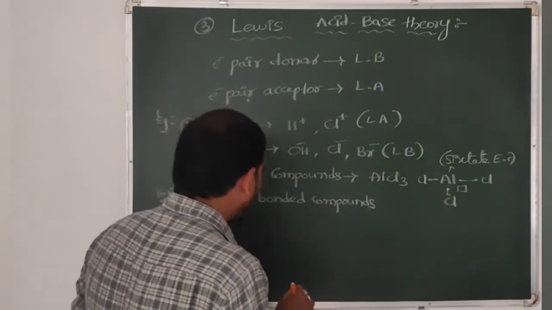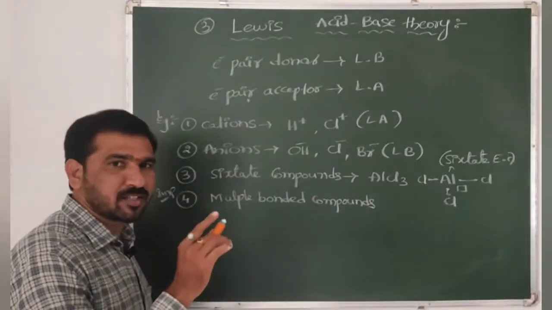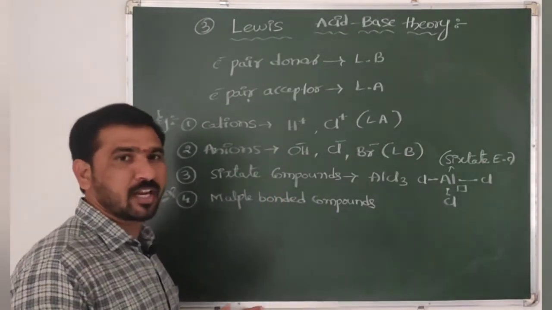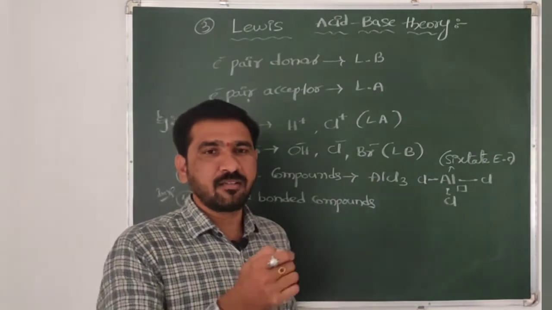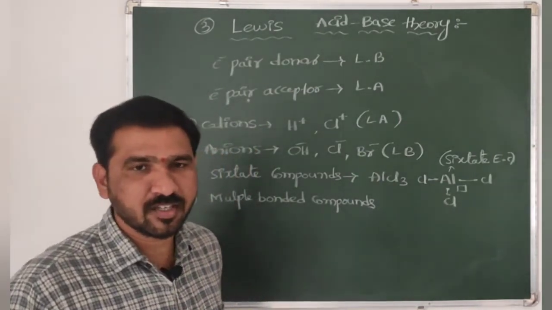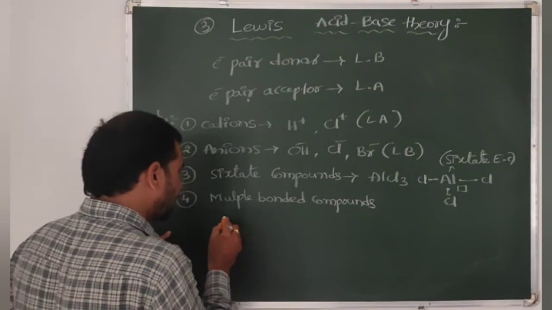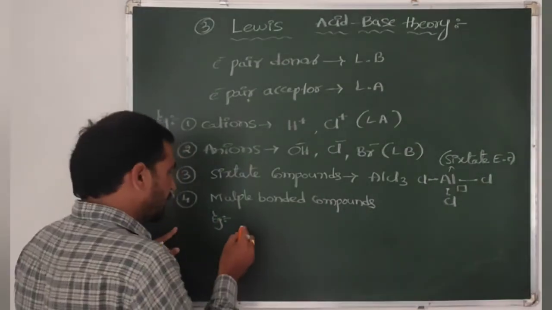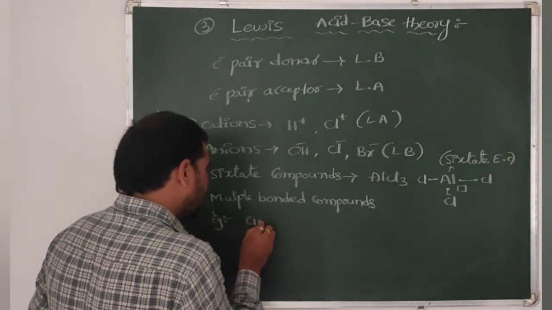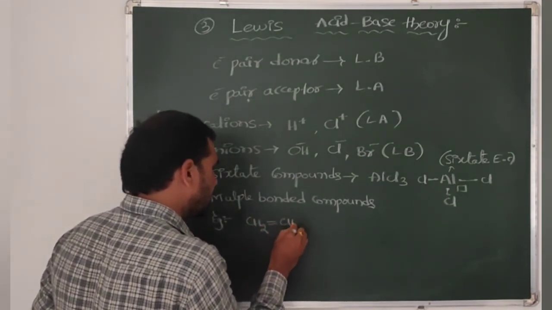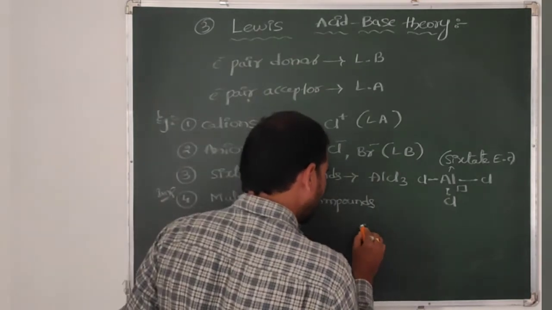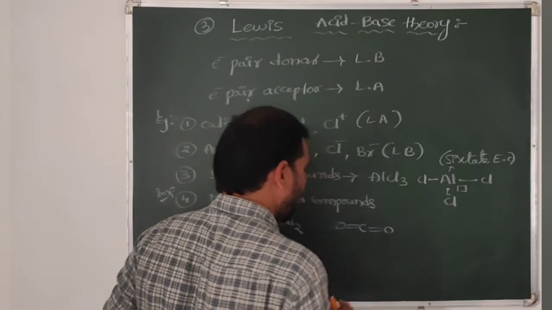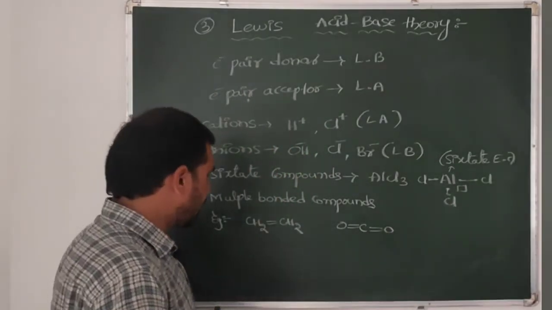So all multiple bonded compounds are neither Lewis acids nor Lewis bases; some are Lewis acids, some are Lewis bases. With respect to electronegativity difference, we can say which of the compounds containing multiple bonds is a Lewis acid and which is a Lewis base. For example, take CH2 double bond CH2, and here C double bond O, double bond O, a linear structure.